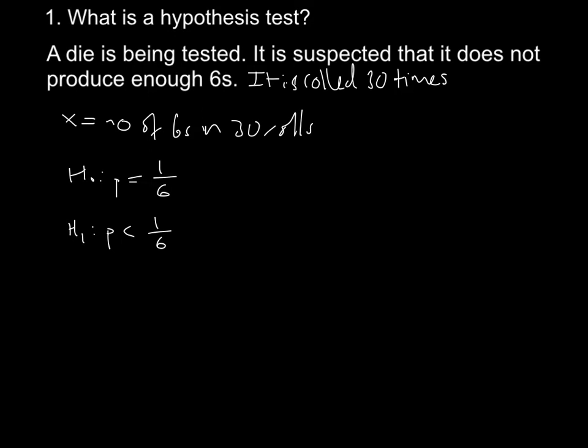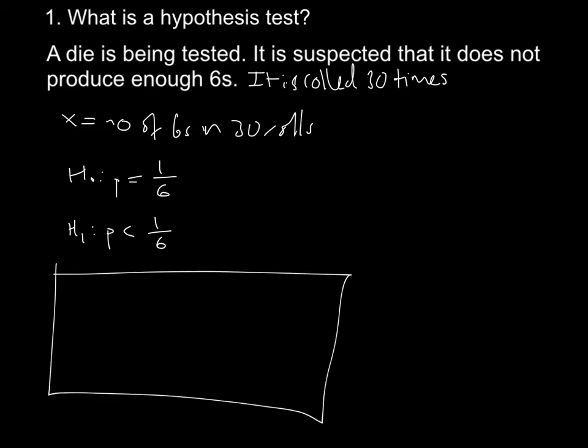Now, you don't just have alternative hypotheses that are less than. You could have different hypotheses. You could have a hypothesis that the probability is greater than a sixth. That would be reflected if the question was saying that the dice produces too many sixes, so it's loaded towards sixes.